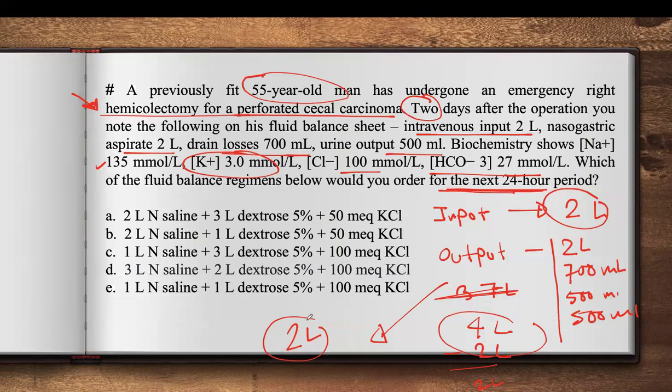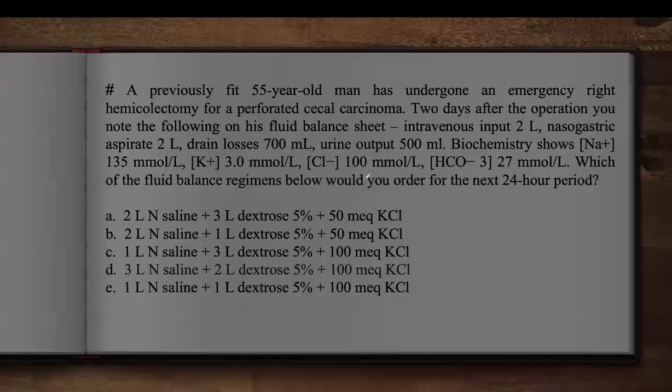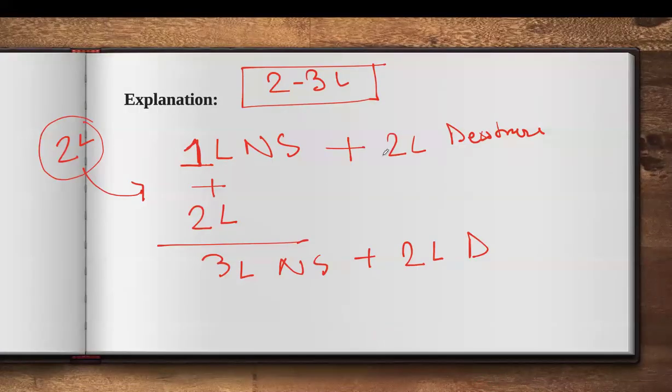This 2 liter deficit needs to be added in the normal maintenance fluid, because this patient is nothing per mouth. He's not eating or drinking. You're giving them IV fluid, and that's all this patient is getting. So the maintenance fluid for this kind of patient is 1 liter normal saline plus 2 liter dextrose. Okay?